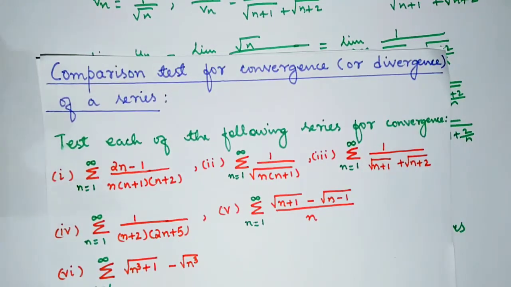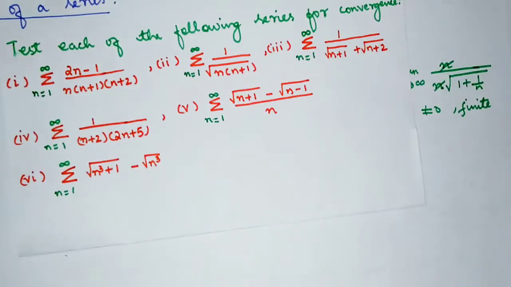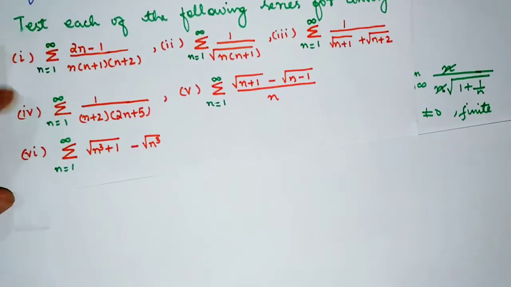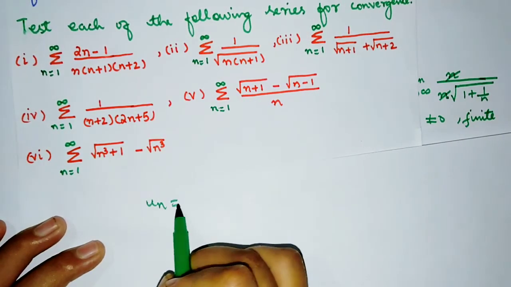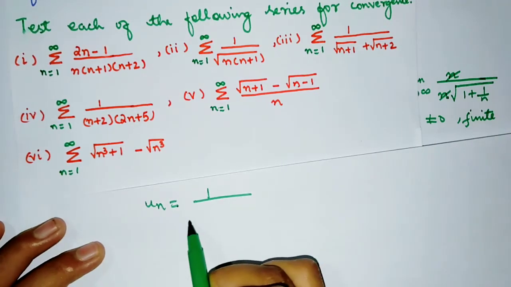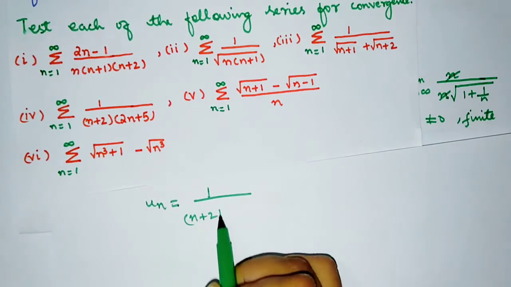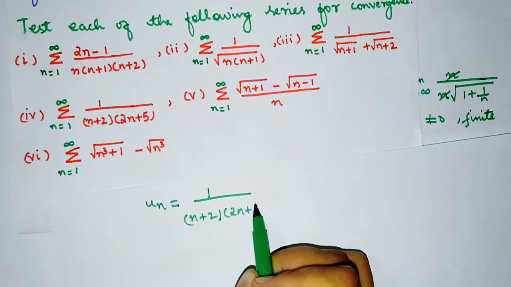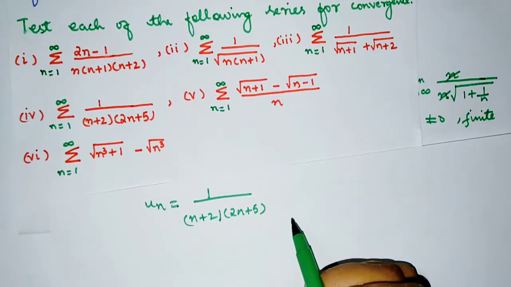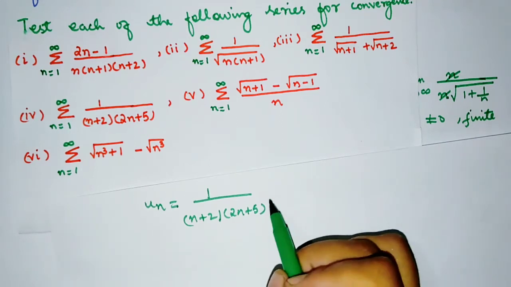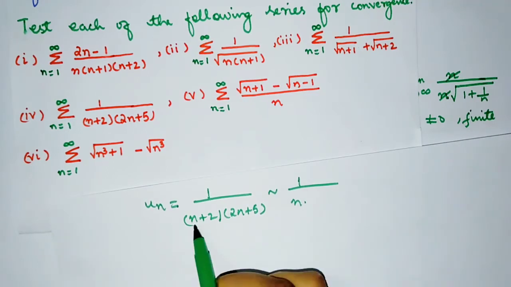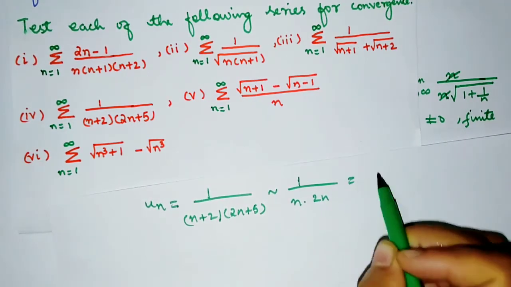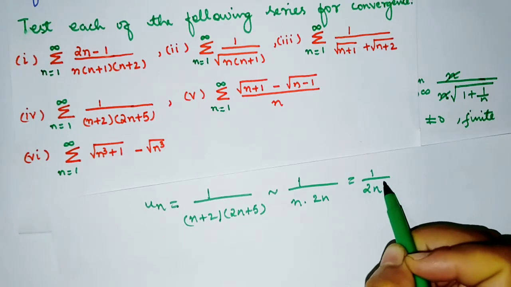Hence we are done with number 3. So let's do number 4. What is our Un? Our Un from there is 1 upon n plus 2 into 2n plus 5. Now here also this is nearly the same as 1 upon n into 2n, which is equal to 1 upon 2n square.